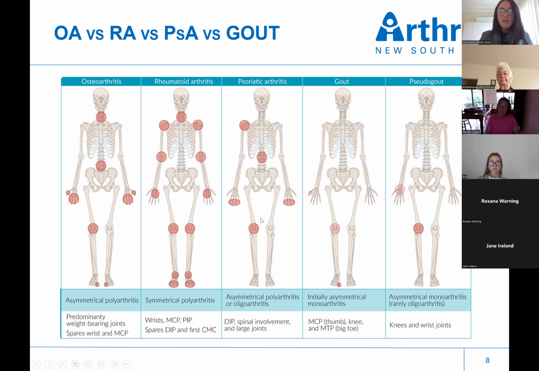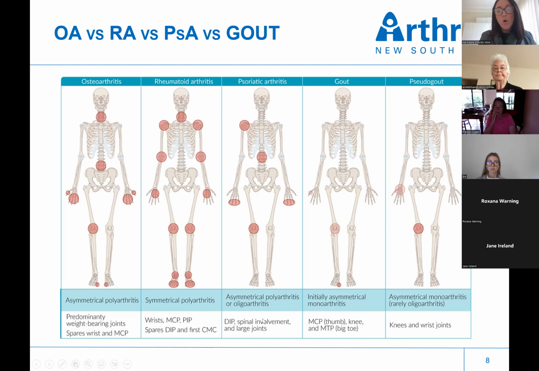Psoriatic arthritis here. I'm sorry, before I move on, rheumatoid arthritis obviously not only affects the joints and the tissues surrounding that joint, so extra-articular tissues, it can also affect organs as well. So you're looking at heart, eyes, for example. Psoriatic arthritis is asymmetrical in its presentation more often than not. So it either affects many joints, more than 4, which is polyarthritis, or oligoarthritis is 4 or fewer joints.